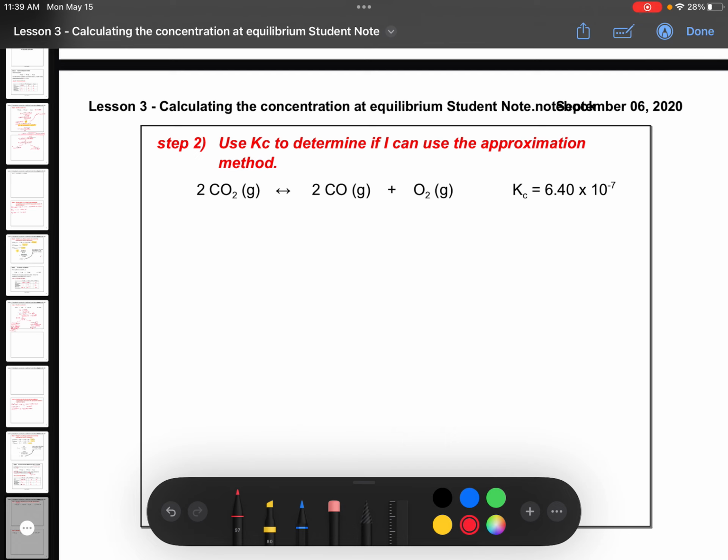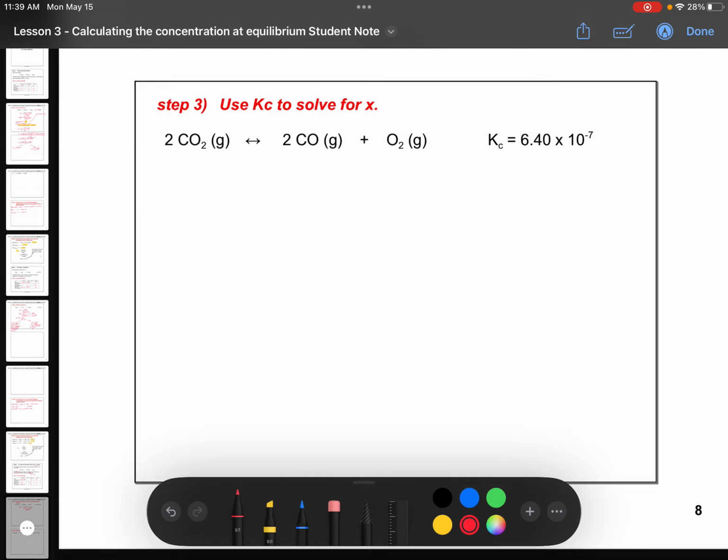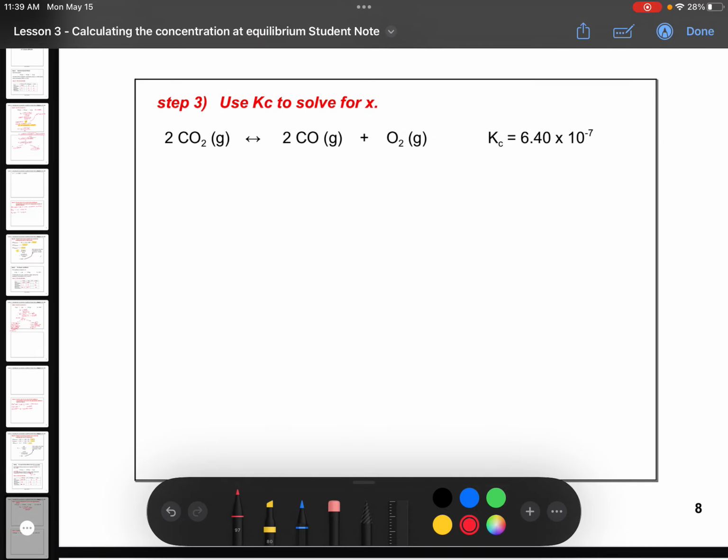So given our information here, we can use the Kc and determine if the approximation method can be used. So we know the value is very small, and so therefore we can use it. So Kc is going to be our CO squared times O2 divided by CO2 squared.